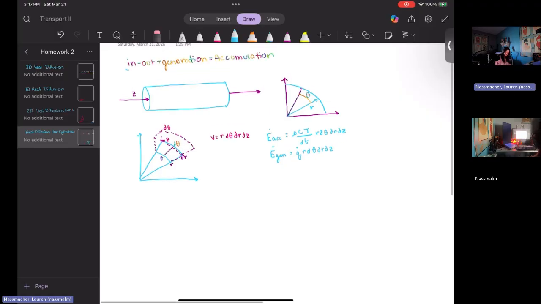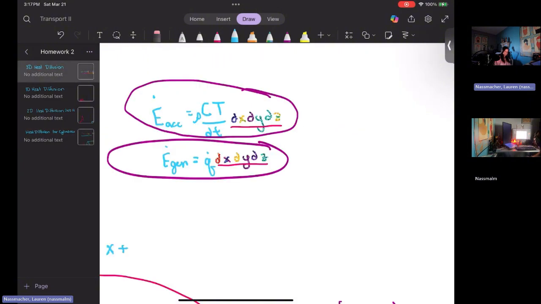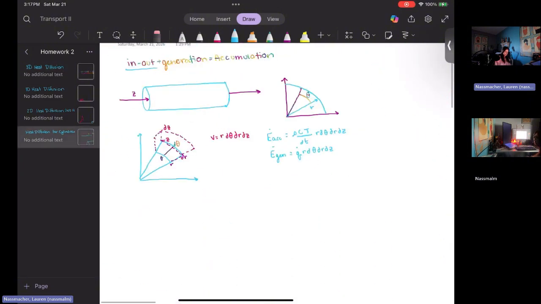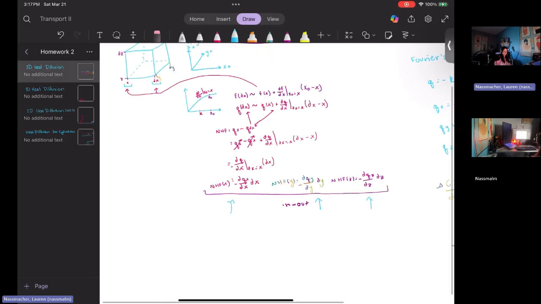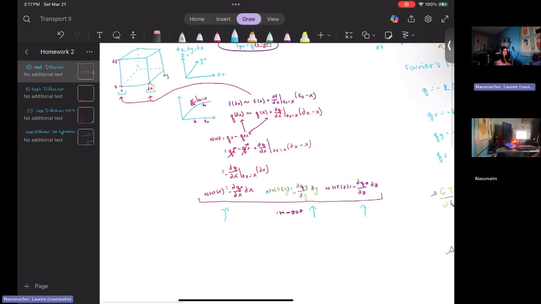Now for our energy going in and out, again, we're going to use the same concept as in our 3D heat diffusion, just taking into consideration that our volume is going to be a little different. And we're going to use that Taylor series expansion that we briefly talked about.